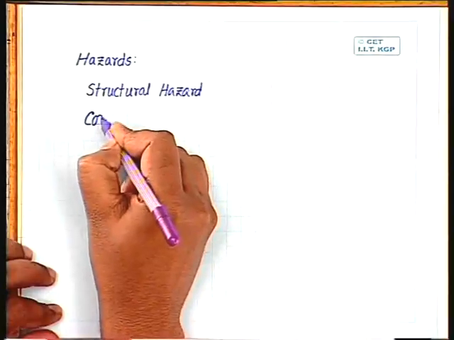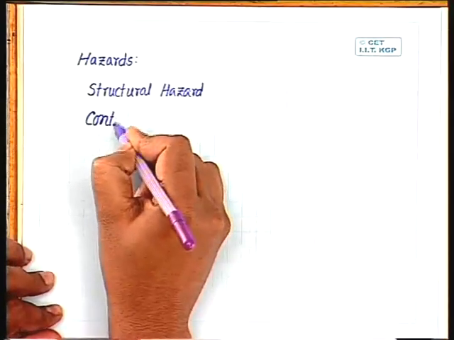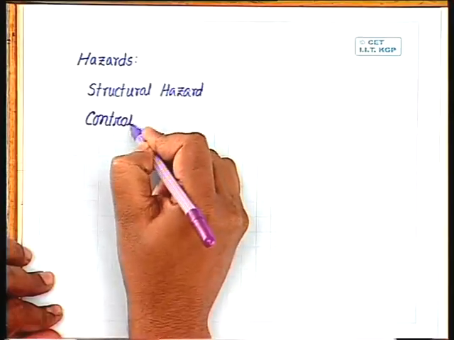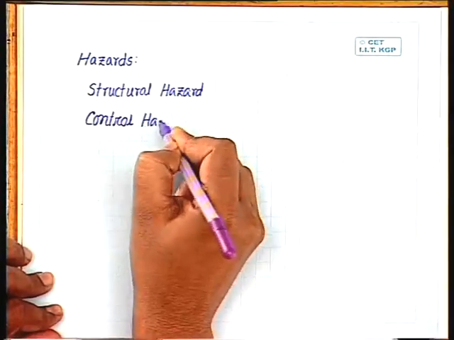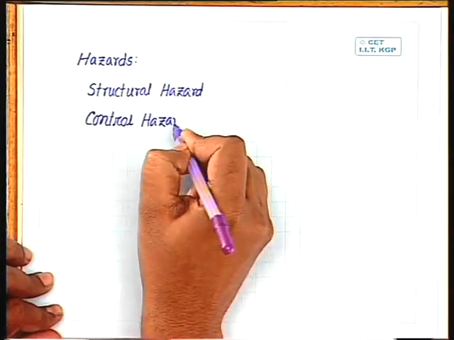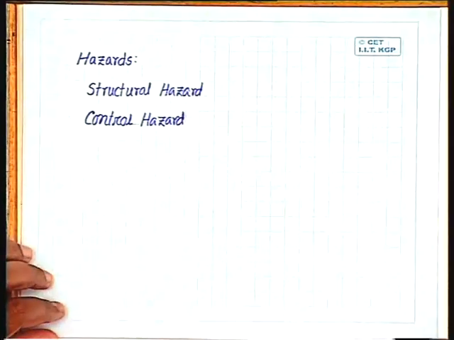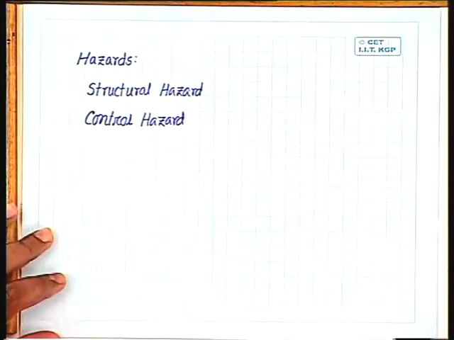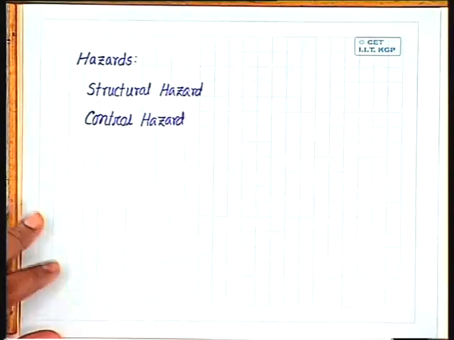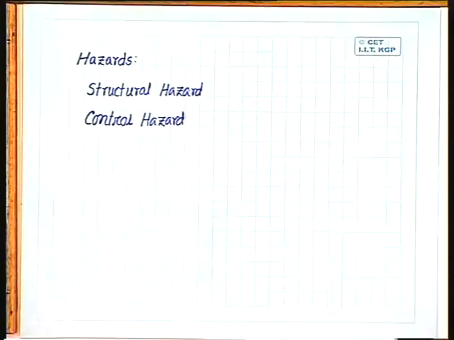The second kind of hazard that we can have in a pipeline is called a control hazard. Control hazard comes due to the fact that some decision has to be taken based on the output of some instruction, while other instructions are already in the pipeline.